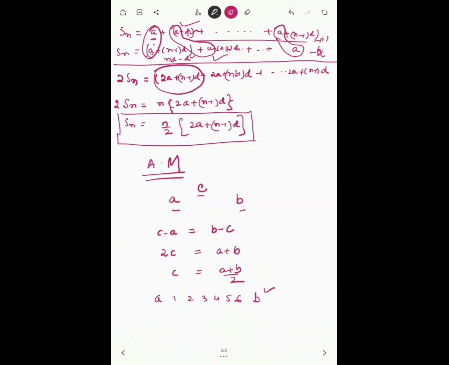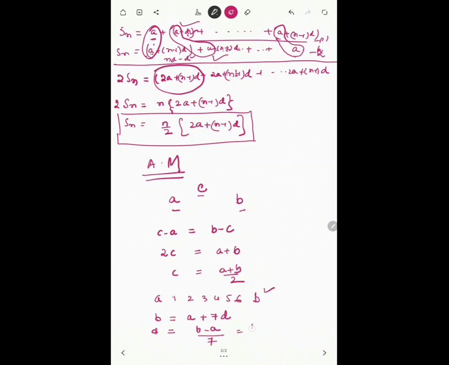B is now the 8th term because between A and B there are 6 terms. This means B is A plus 7D. So if we know for a sequence the first term and the D, then we can write down the whole sequence, all 6 terms. So D is equal to B minus A upon 7.